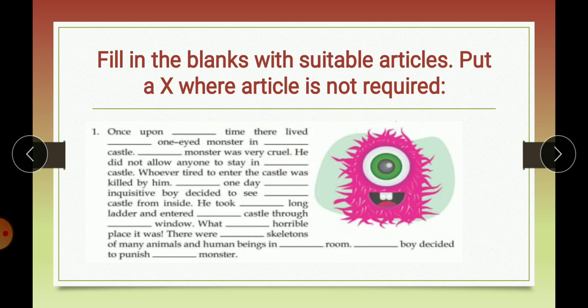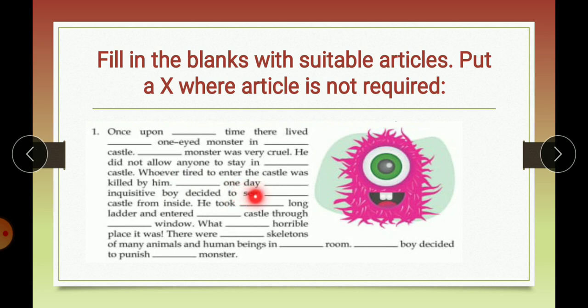He did not allow anyone to stay in the castle. Whoever tried to enter the castle was killed by him. Now after him there is a blank. No article will be coming. It will be a cross.